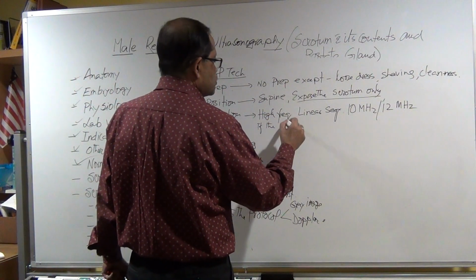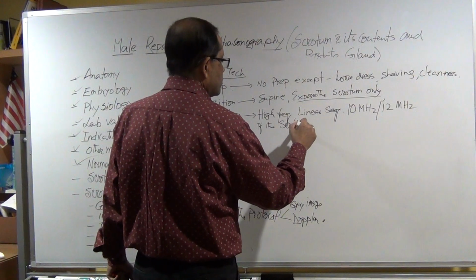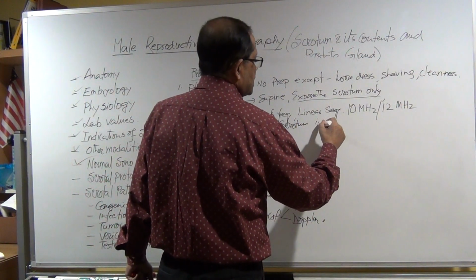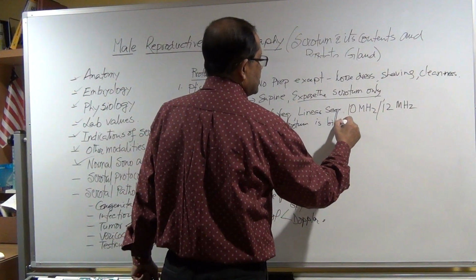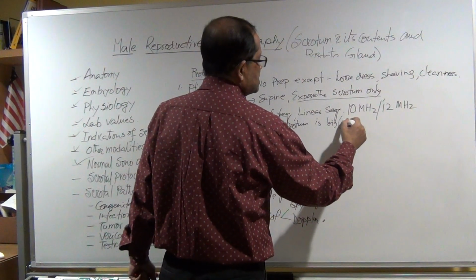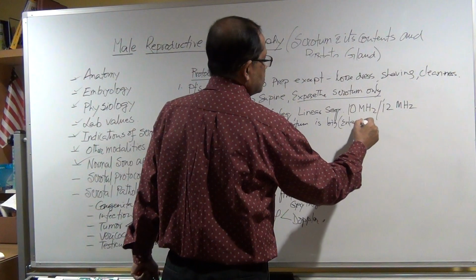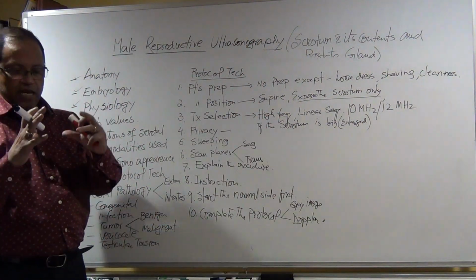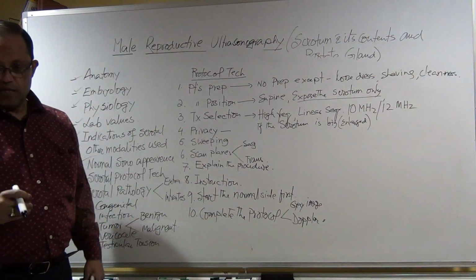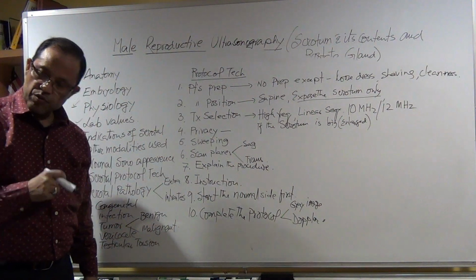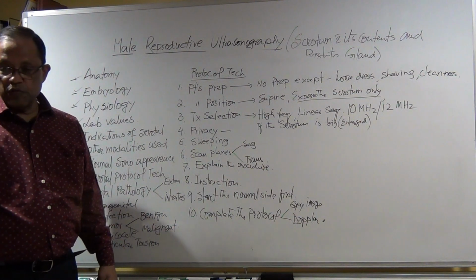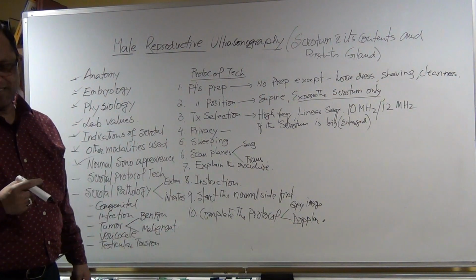If the scrotum is big, big means enlarged due to hydrocele or hernia, just like a football, then you have to use a low frequency transducer. You can even use the curvilinear transducer.